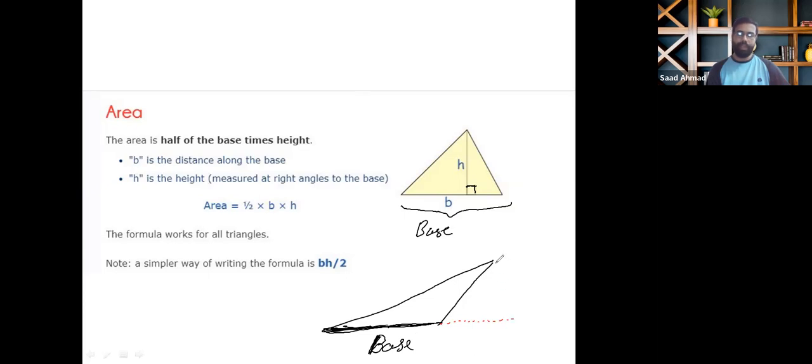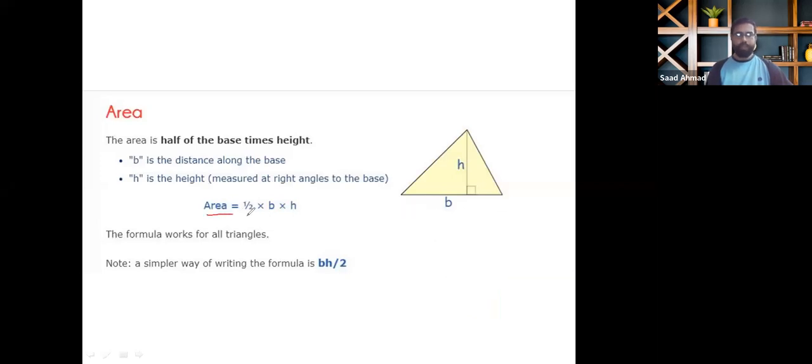Imagine this line is being extended. Then from the opposite vertex, we have to draw this 90 degree line here. So this is the height in this case. So we extend the line and then draw the perpendicular line outside. So the area is equal to 1/2 times base times the height.